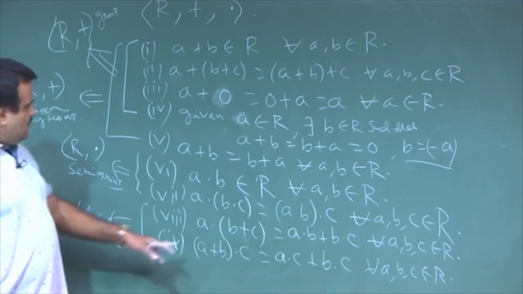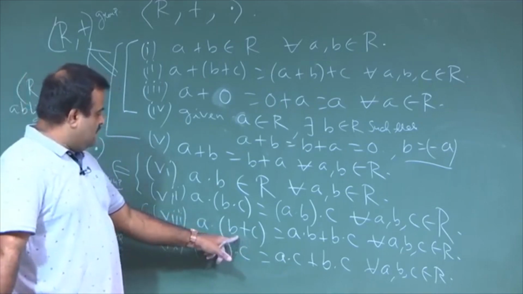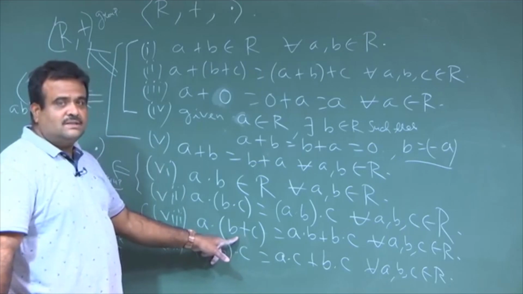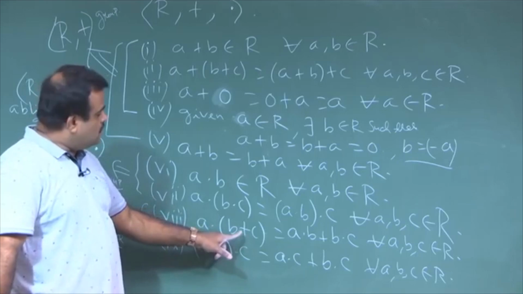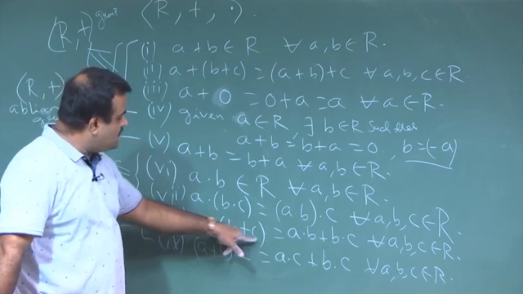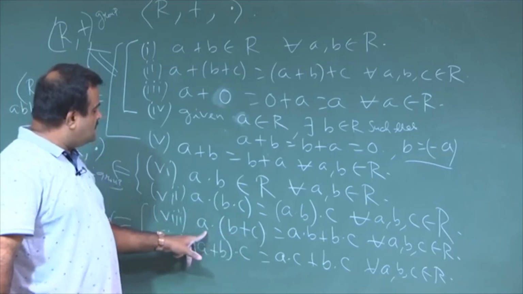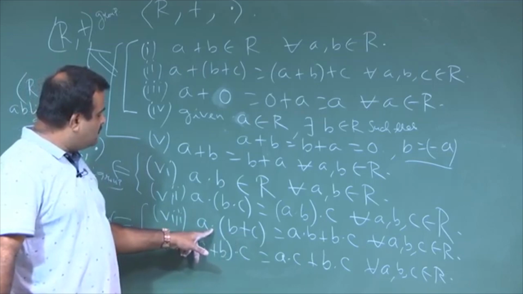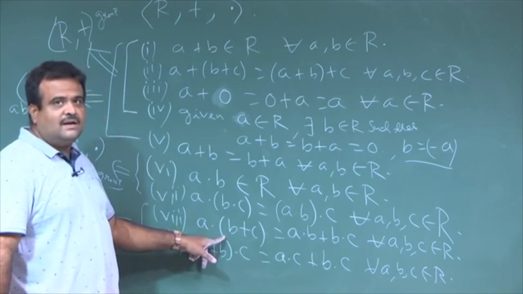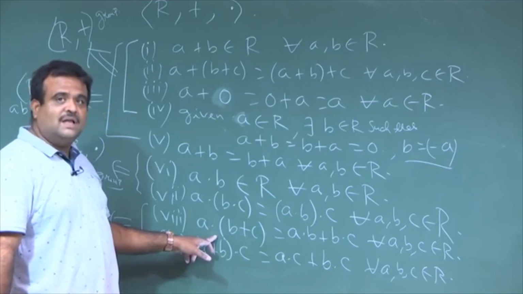Now, if we do B plus C, B is in R, C is in R, and plus is closed. So, B plus C will be an element in R. Now, A is an element in R, and by the closure property, A operated with that other element will be an element in R again.